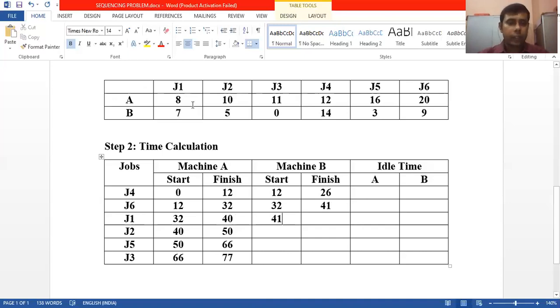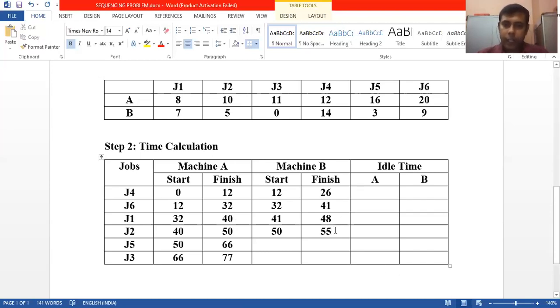Now at 41 hours, job 1 is spending 7 hours. So 41 plus 7 is 48. Next, B is ready at 48 hours, but J2 is available only at 50 hours. So machine B will start at 50 hours. Now job 2 on machine B, so 55 hours.